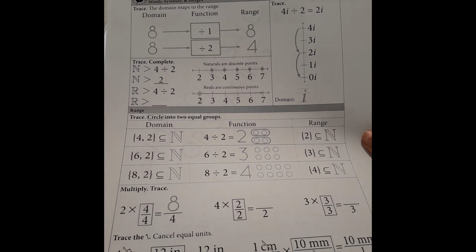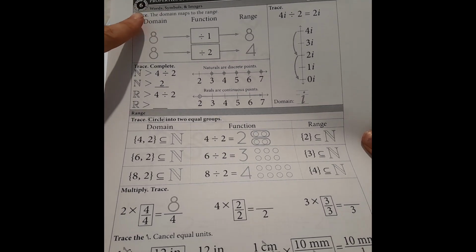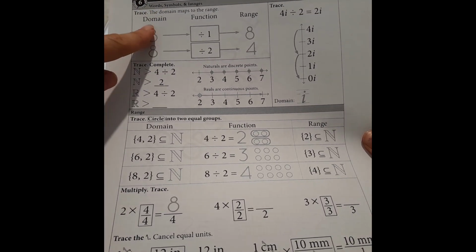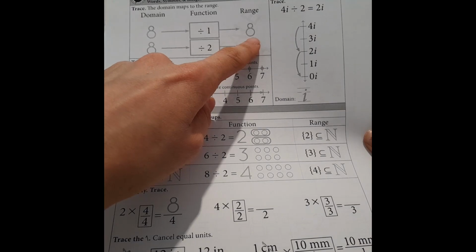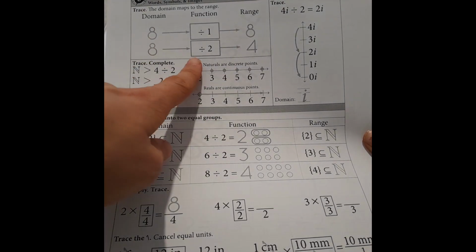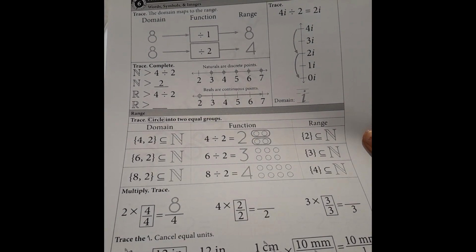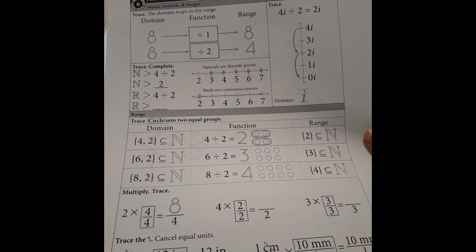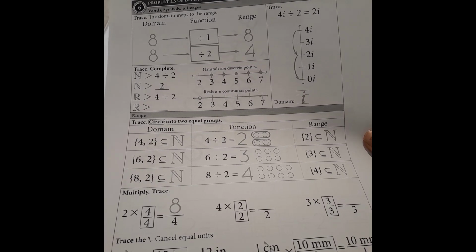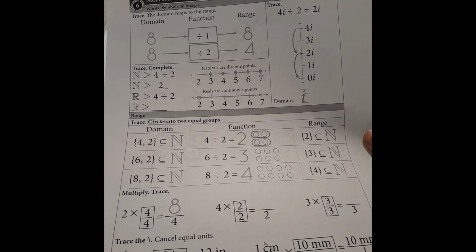Okay, so here we are working with words, symbols, and images. This is the domain. This is the function, and that is the range. Again, domain, function, range. And here, all the little grade 1 has to do is copy. We are just trying to teach them the ABCs. Remember when they started reading all these weird scribbles on a page?